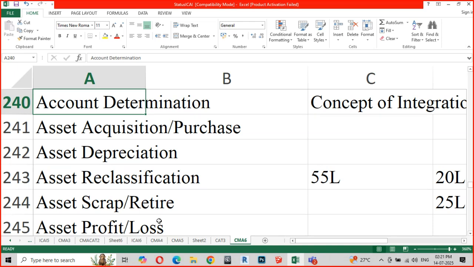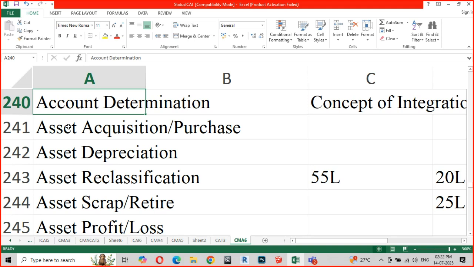So what is a typical life cycle of an asset? You create the asset master record and you start the asset accounting activity by means of acquiring the asset, buying the asset from the market. Suppose you are buying a new plant and machinery for your production activities. Suppose you are buying a new vehicle for your director or a head of the department, whatever.